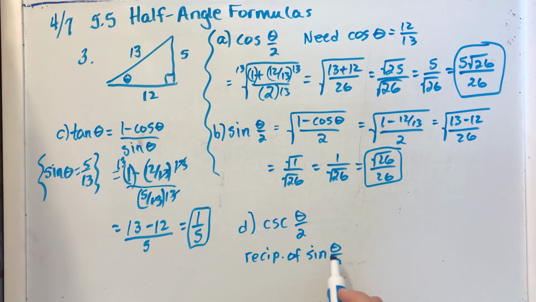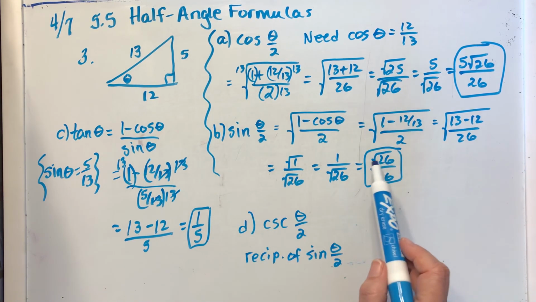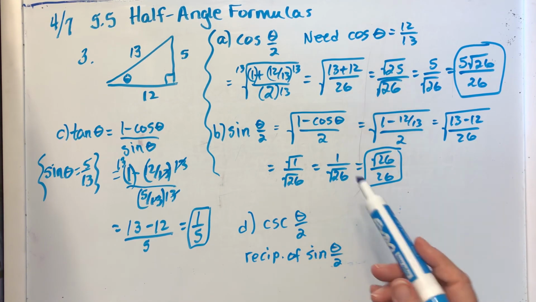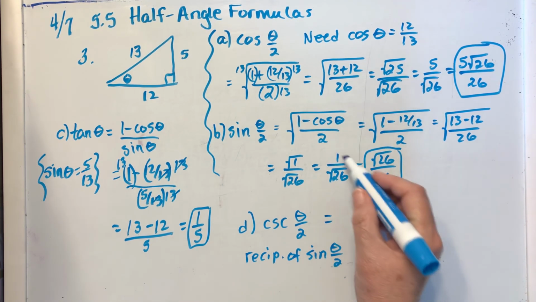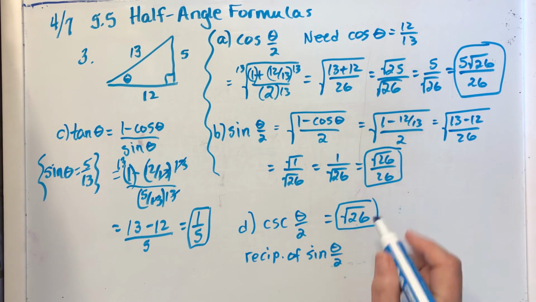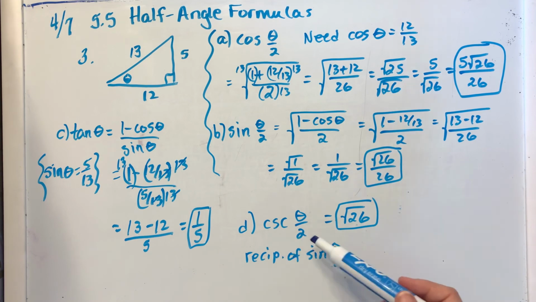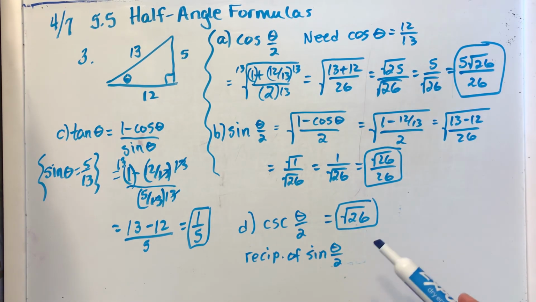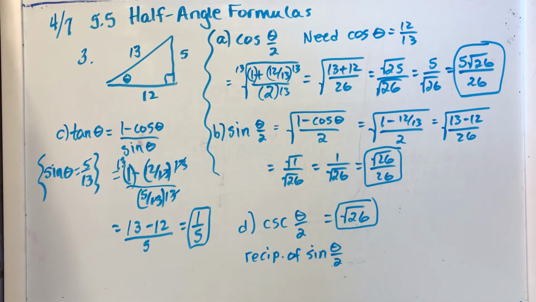We've already found the sine of theta over 2 to be 1 over the square root of 26. So when we take the reciprocal of that, we just get square root of 26. So when they ask you for secant or cotangent, just take the reciprocal of one of your previous answers. And that's it for today. Thanks.